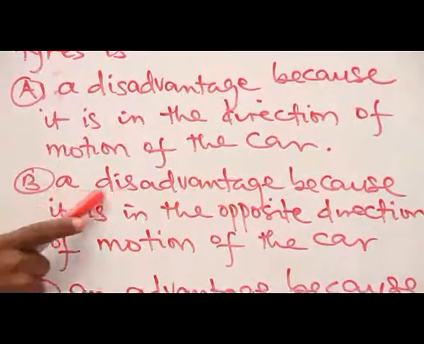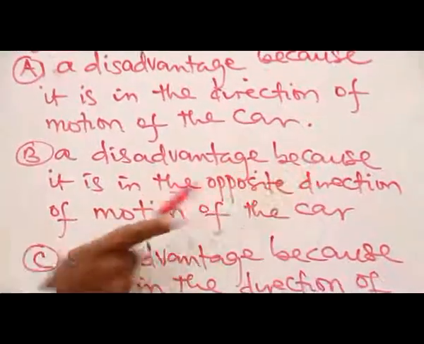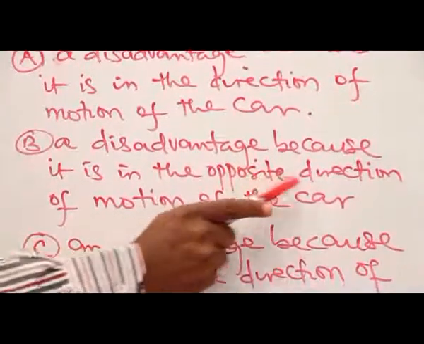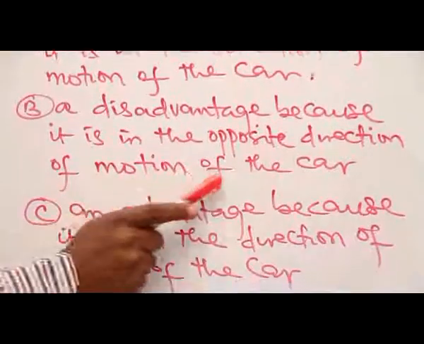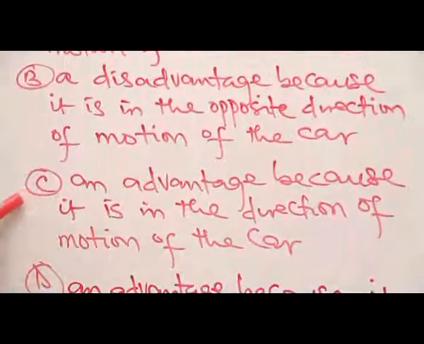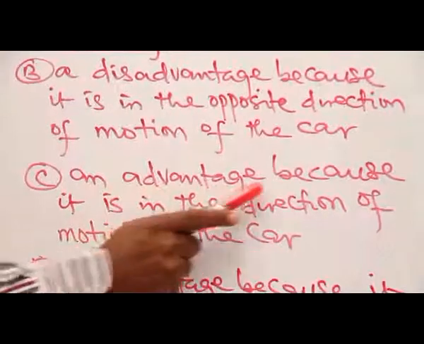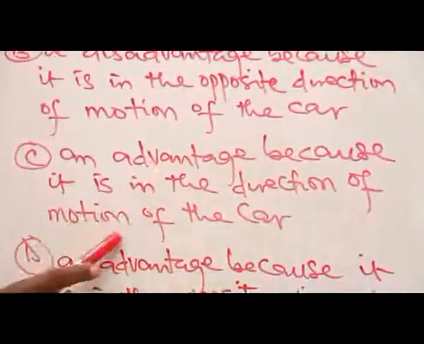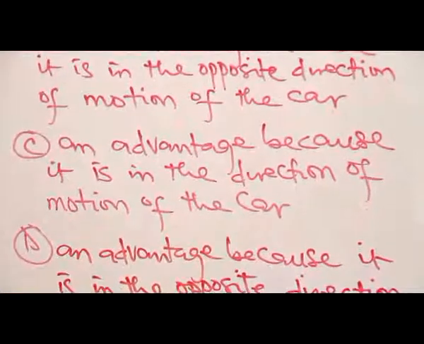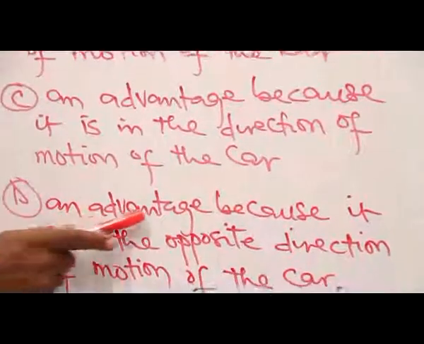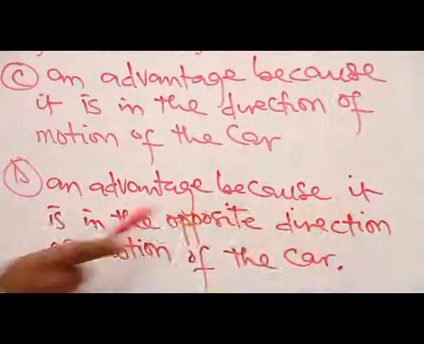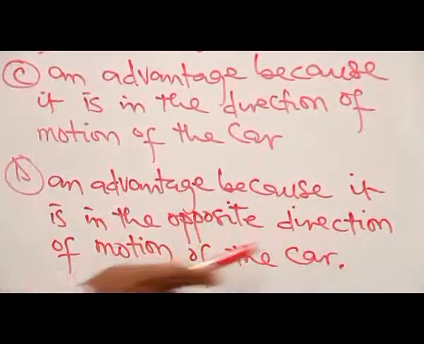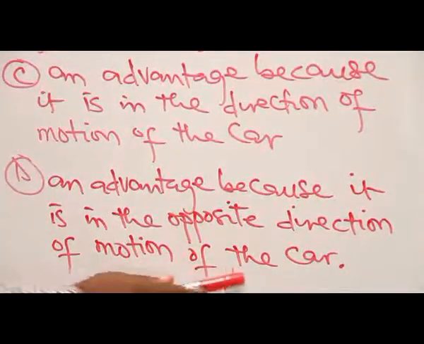B, a disadvantage because it is in the opposite direction of motion of the car. C, an advantage because it is in the direction of motion of the car. D, an advantage because it is in the opposite direction of motion of the car.